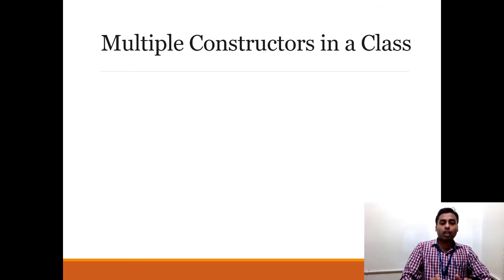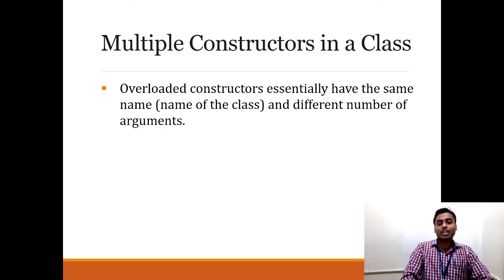As you already know, CPP provides different types of constructors: default constructor, parameterized constructor, copy constructor. Overloaded constructors essentially have the same name, that is the name of the class, and different numbers of arguments.